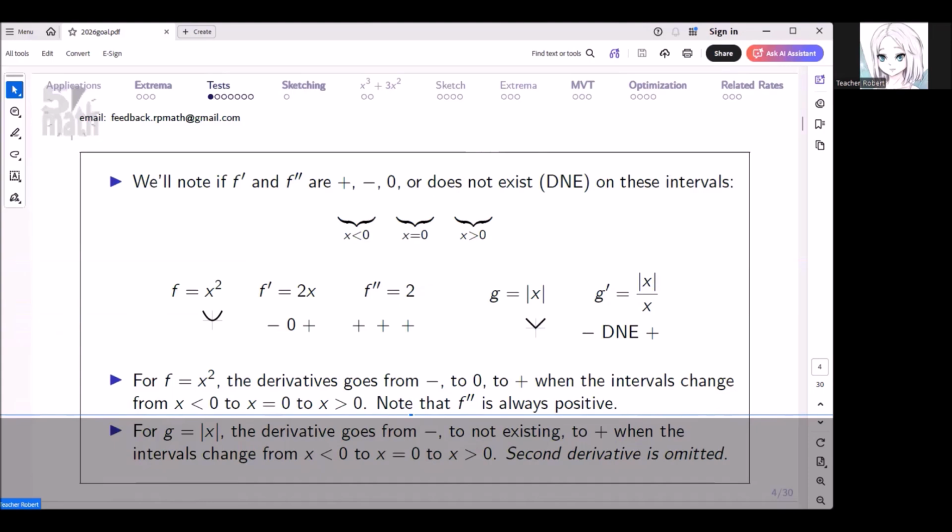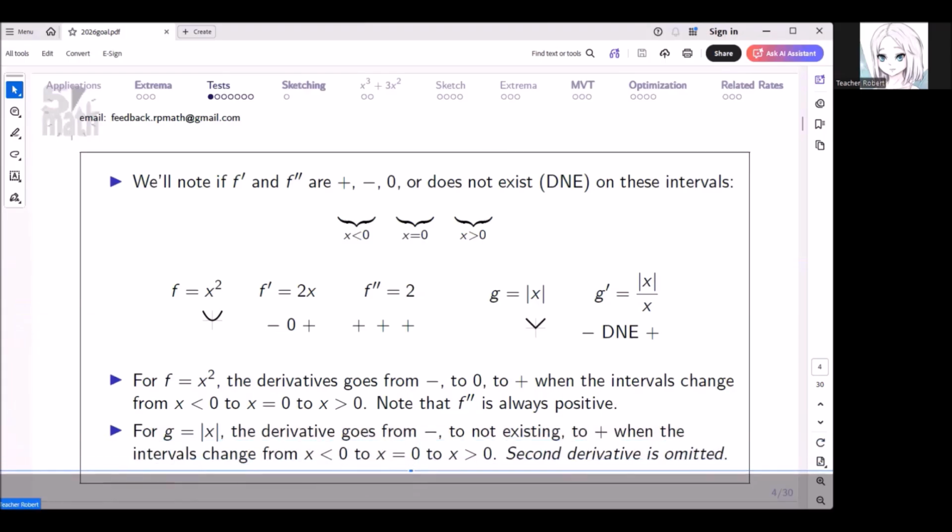Note that f double prime is always positive. For g equals absolute value of x, the derivative goes from negative to not existing to positive when the intervals change from x less than 0 to x equals 0 to x greater than 0. The second derivative is omitted.